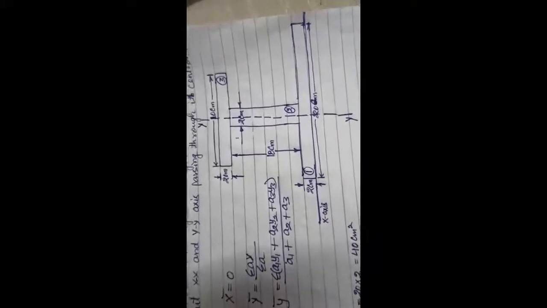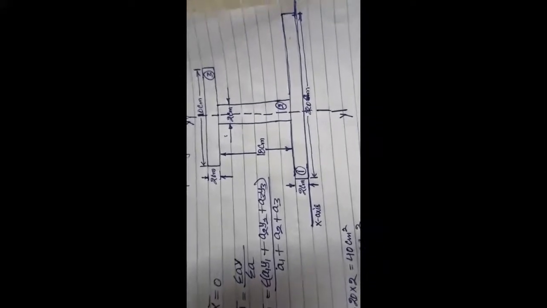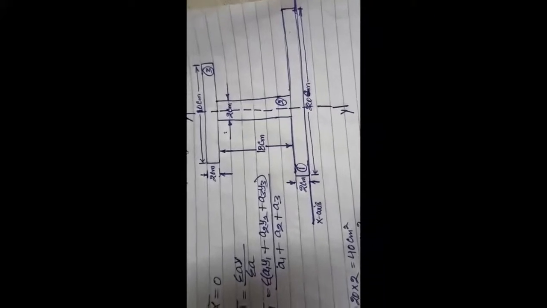And a3 is 10 into 2, so this is 20 centimeter square.